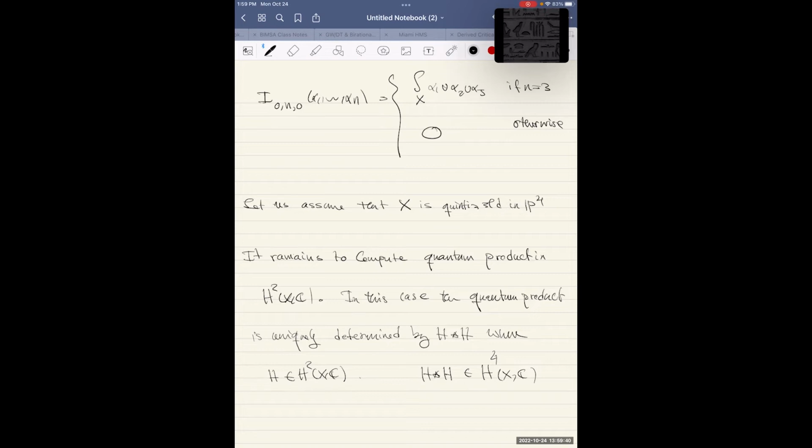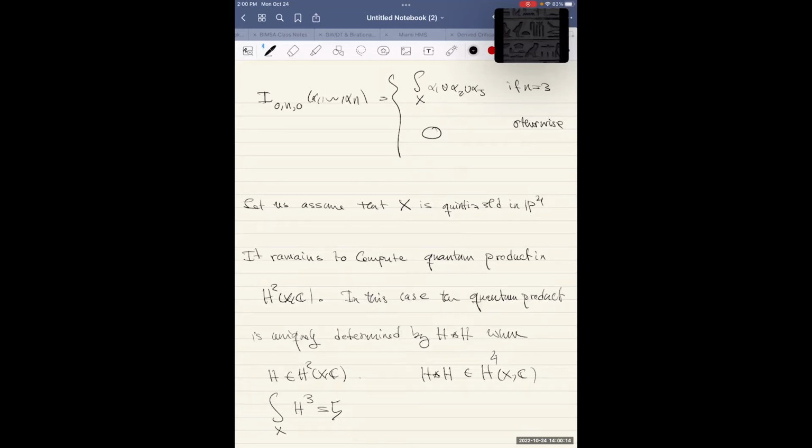We also know that the integral of H^3 over X is 5. If I take the hyperplane class intersected by itself, I recover the degree of X inside P^4, and that's exactly degree 5. The hyperplane class of X, the ample bundle, comes from the pullback of the hyperplane bundle in P^4.